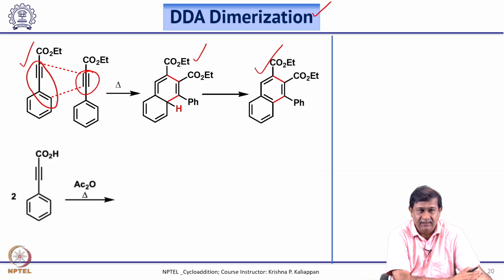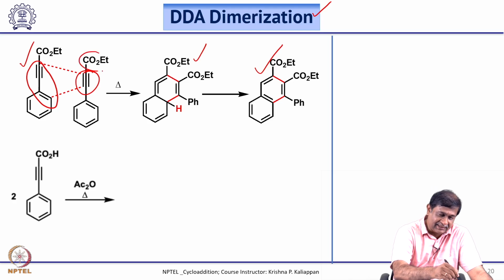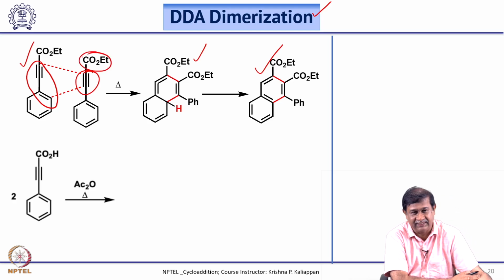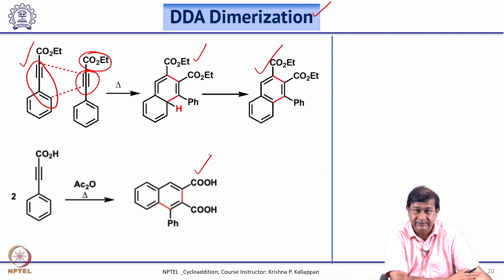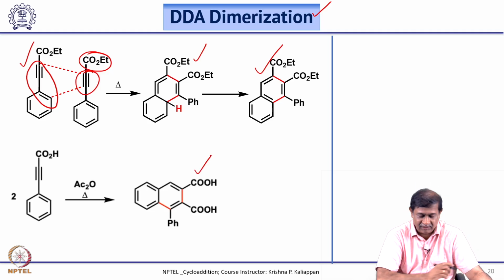And instead of ester, if you have carboxylic acid and do the same thing, but in the presence of acetic anhydride, then this is the product. Since you use acetic anhydride, what will happen?